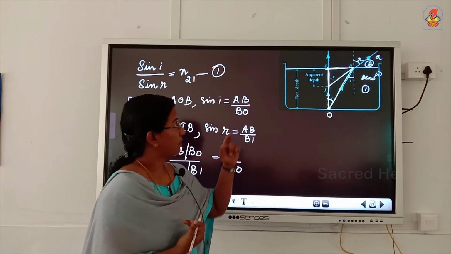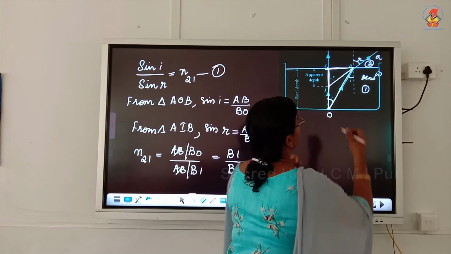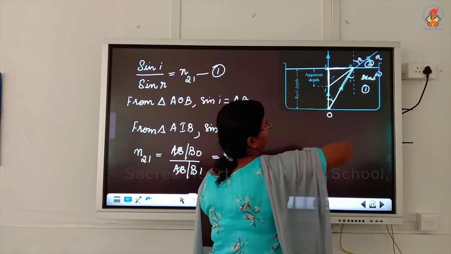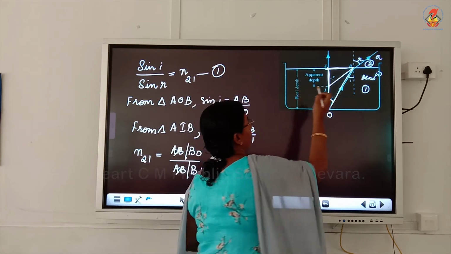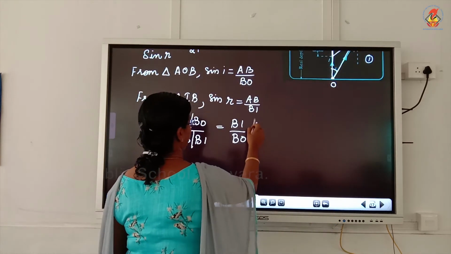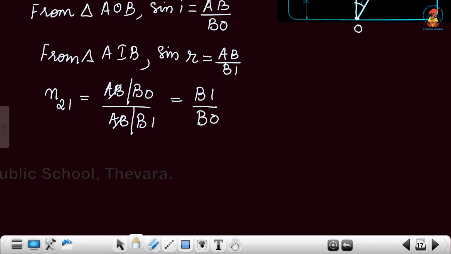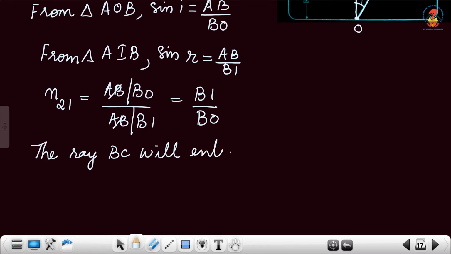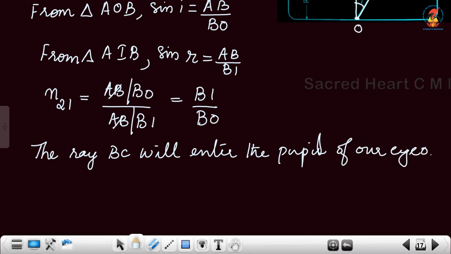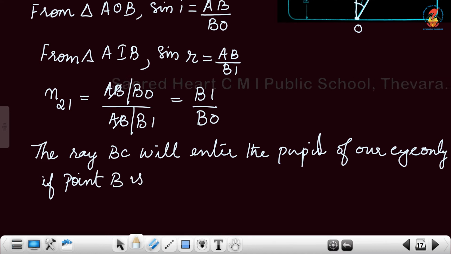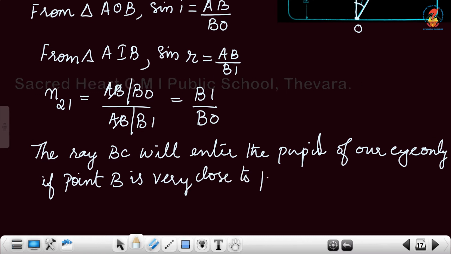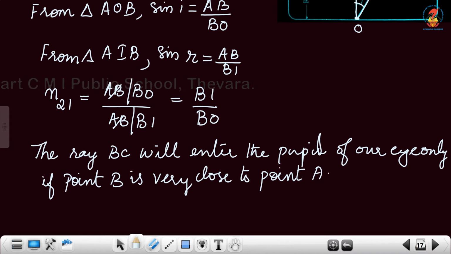So in this case we will be able to see the ray from B only if it is very close to point A. Otherwise the rays from point B won't enter our eye if it is very far away from point A. So the ray BC will enter the pupil of our eye only if point B is very close to point A, which means instead of BI we can write AI, and instead of BO we can write AO.